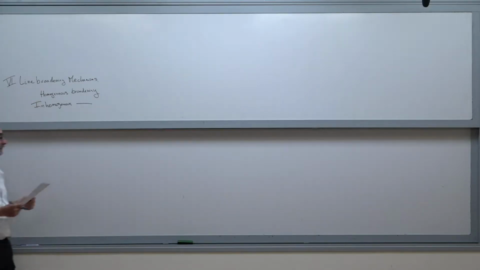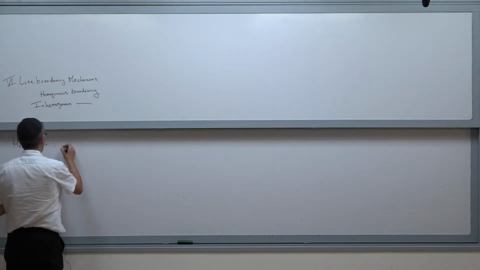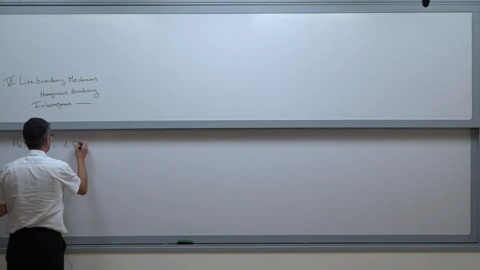And we are going to consider the case of the HeNe laser, helium-neon laser. We'll get a chance to discuss that in more detail, but just the typical line width of this laser is 1.5 gigahertz. Okay?